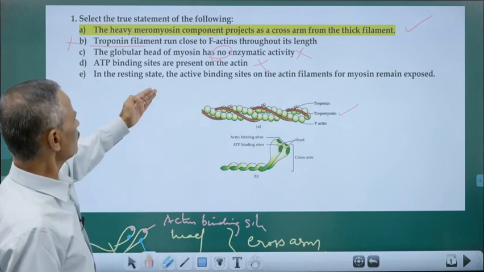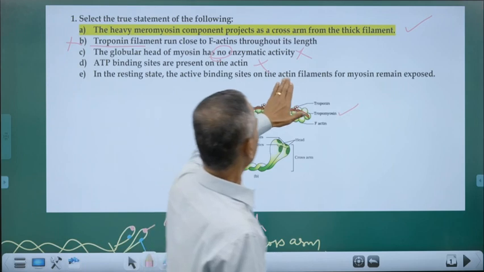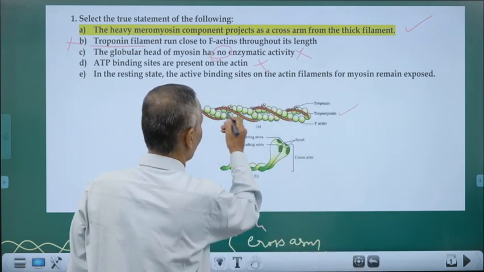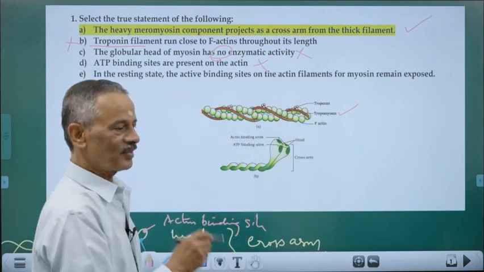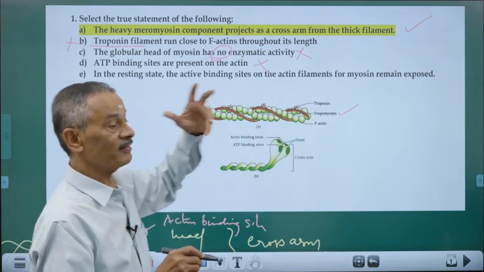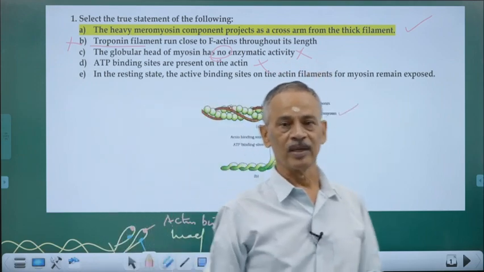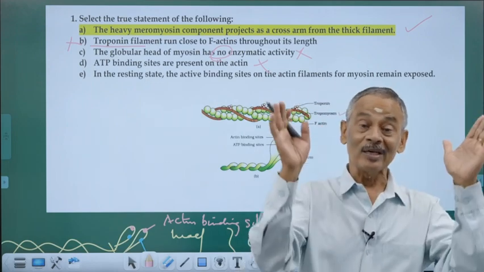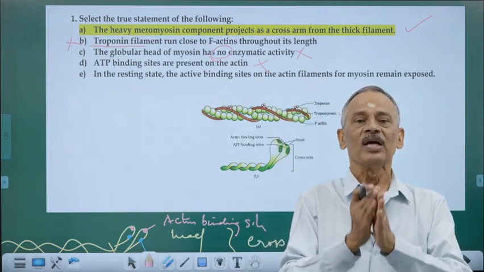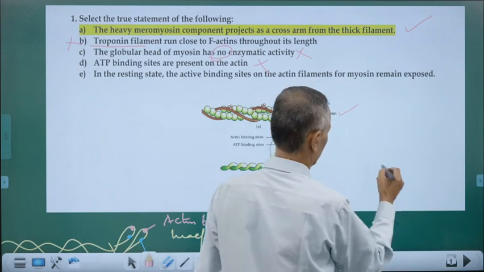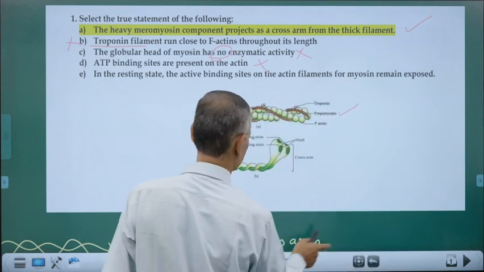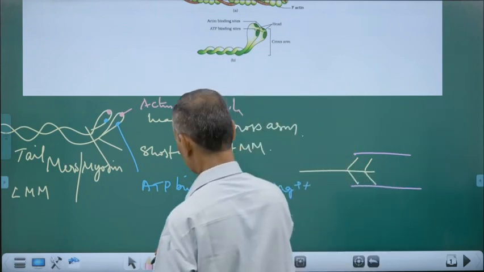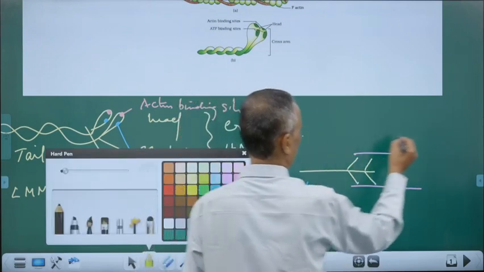In the resting state, the active binding site on the actin filament for myosin remain exposed. No, they are all concealed by tropomyosin. That's why the head cannot come and get attached with the thin filaments. The head or cross arm of the thick filament cannot establish connection because these binding sites, each G-actin, G means globular.